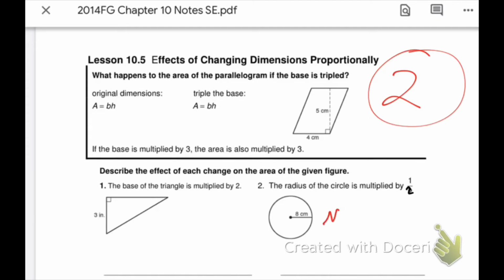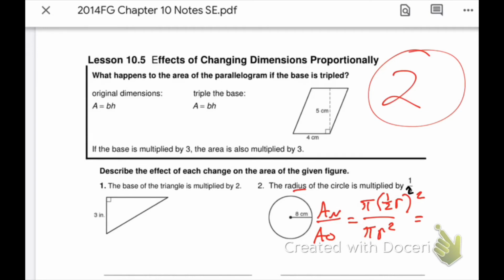So area new over the original area. Well, the formula for the original area, I'm looking at a circle, so the area of a circle is pi times the radius squared. So when I compare the new area, pi times the radius was multiplied by that 1/2. So I do 1/2 r squared. Make sure all that's in the parentheses, 1/2 r squared.